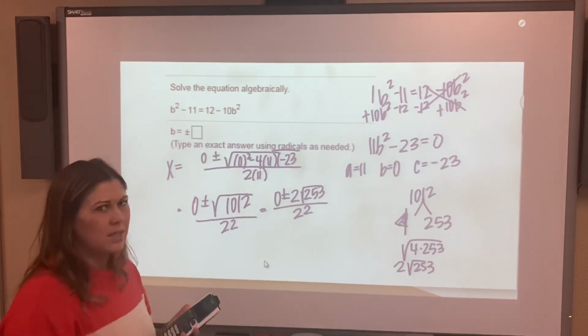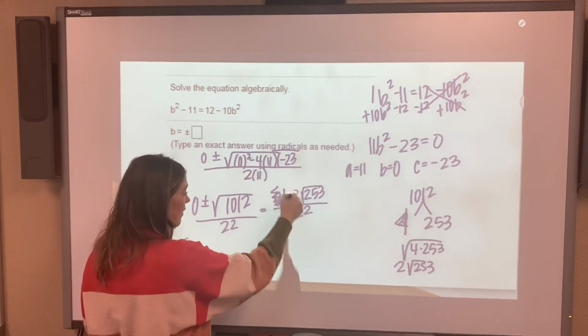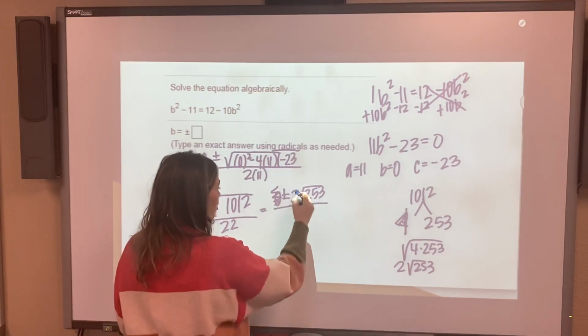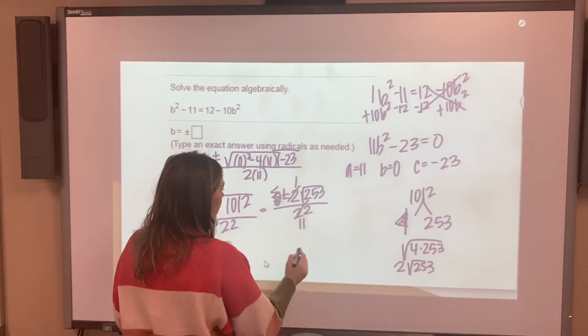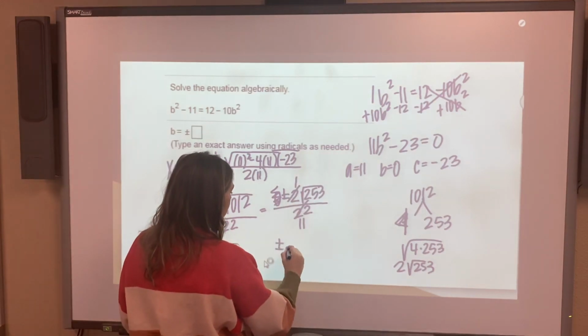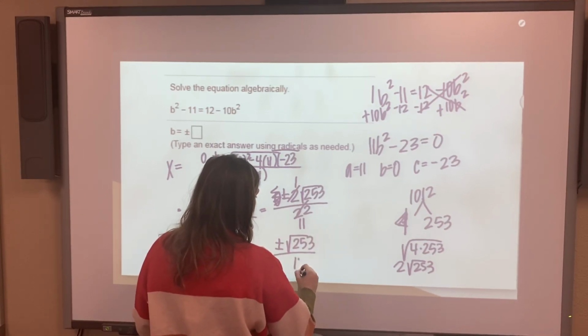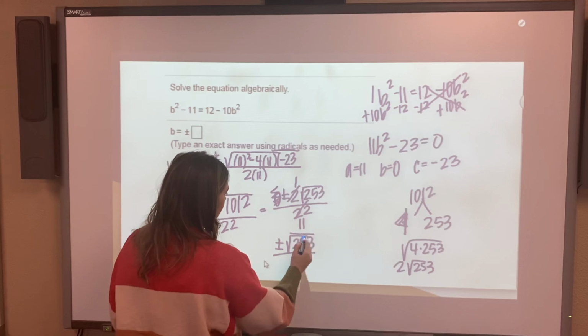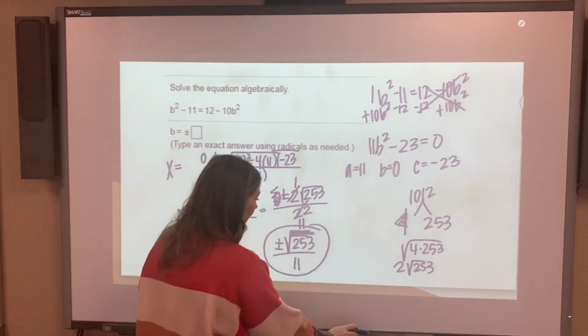Okay, well, we can clean this up. 0 just goes away, but we still have the plus or minus. And the 2 over 22 can simplify to be 1 over 11. So this would be plus or minus the square root of 253 over 11. And that right there is your exact answer.